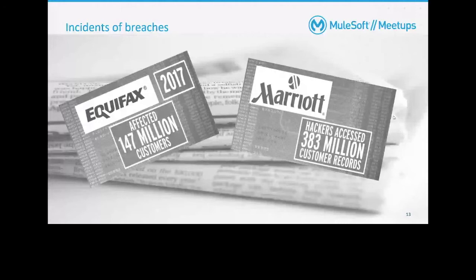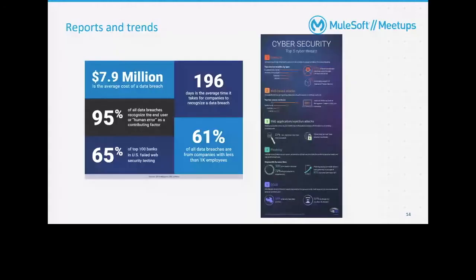With that, I want to talk a bit about some of the reports and trends. So on average, there's a 7.9 million cost when there's a data breach. The amount of time it takes for these companies to detect that there was a breach is something around 196 days. This was a study conducted by IBM Intelligence, and they studied recent breaches and how they were tackled, and then they found that 95% of all the data breaches were because of human error, which is understood.